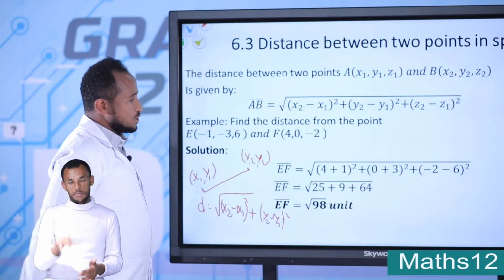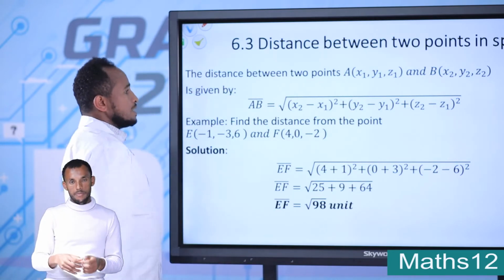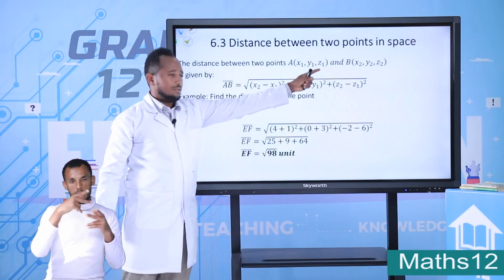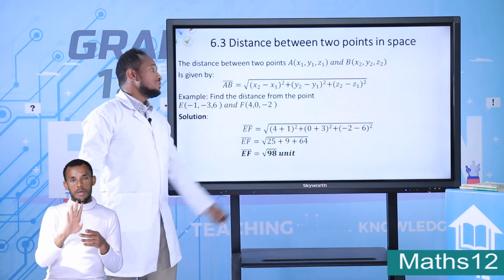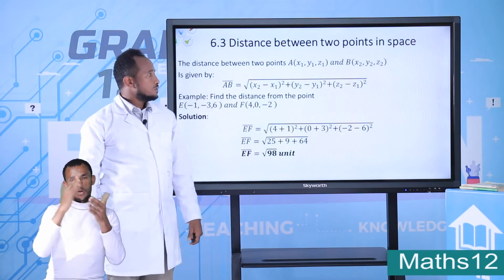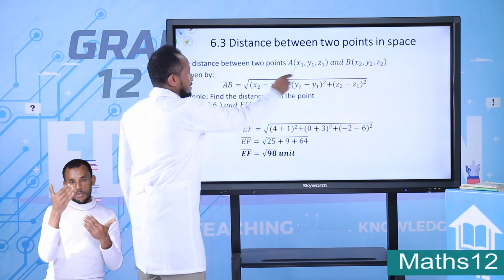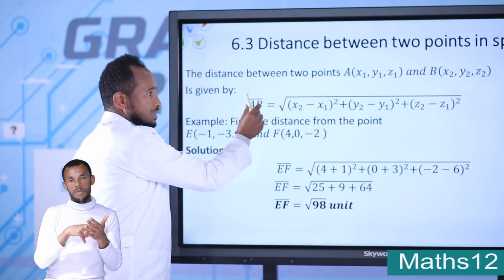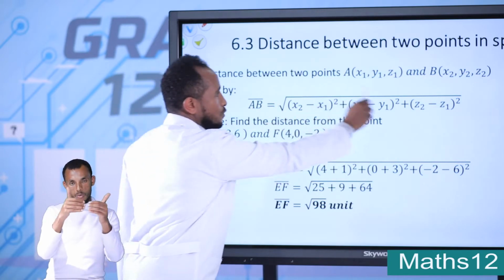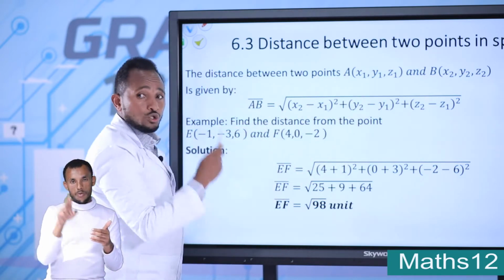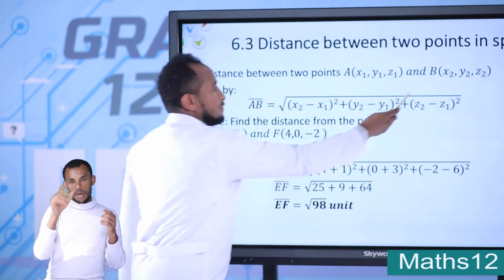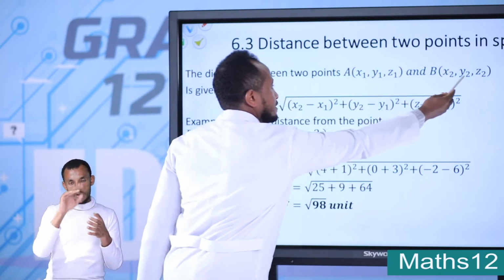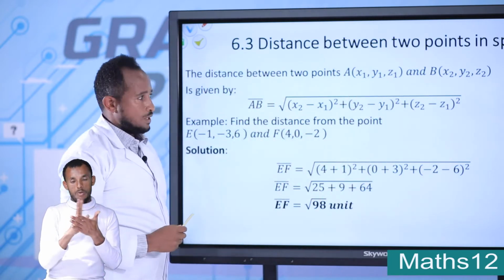With the same procedure, the distance between 2 points A and B in space is evaluated using this equation. Simply, the distance between the 2 points A and B, the length AB, is equal to the square root of the difference of the x coordinates squared, plus the difference of the y coordinates squared, plus the difference of the z coordinates squared.